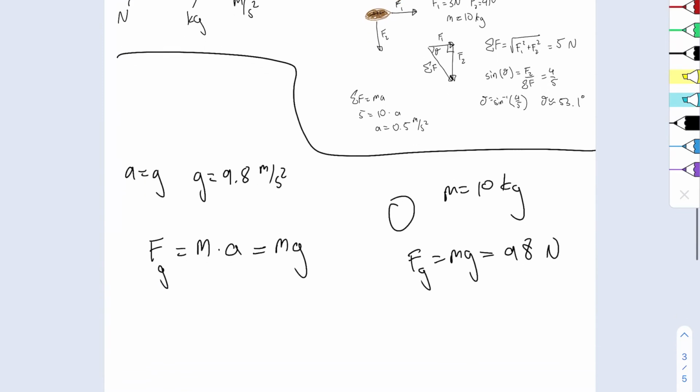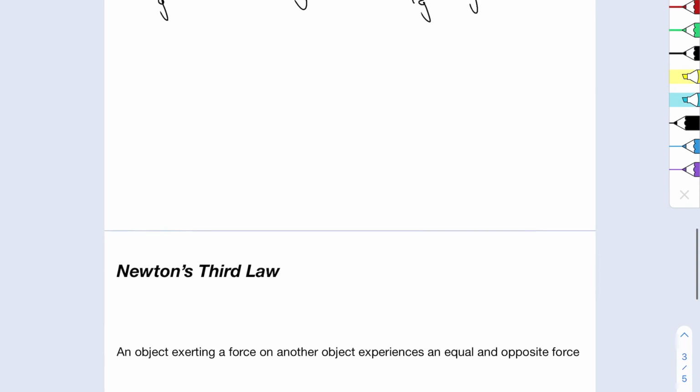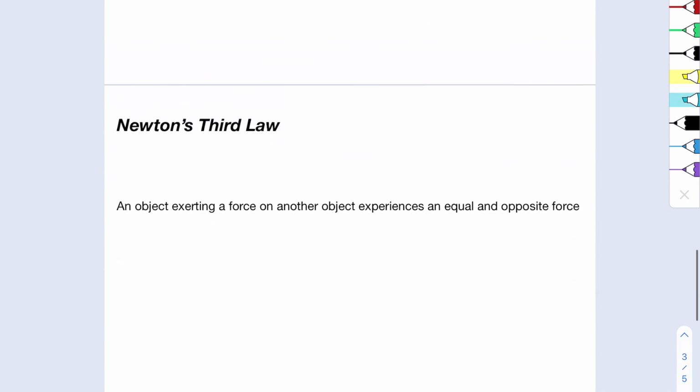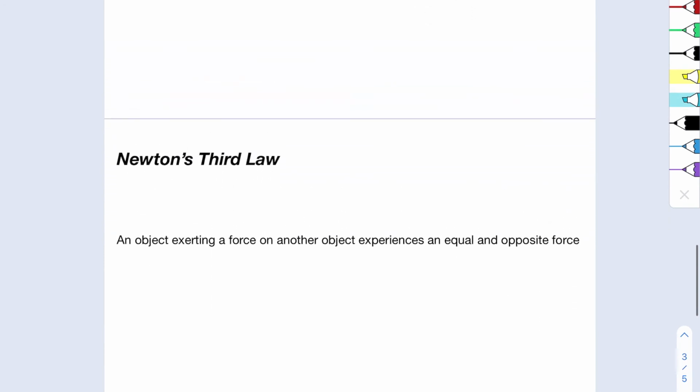Sweet. And finally, moving on to Newton's third law. Newton's third law says that an object exerting a force on another object experiences an equal and opposite reactive force. So to go back to our very first example where we had the box and the person next to the box pushing it, the person pushed the box to the right.